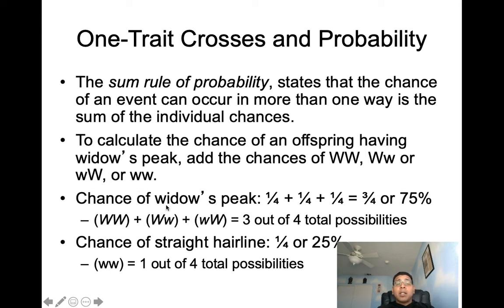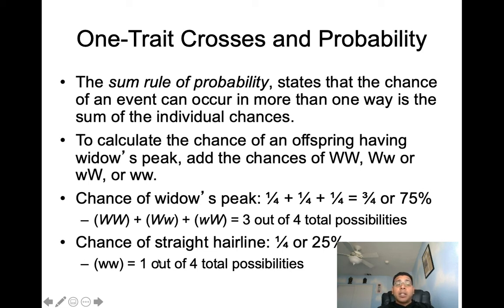So the chance of a widow's peak is going to be a quarter plus a quarter plus a quarter, which is equal to 3/4 or 75% chance that the offspring will have a widow's peak. So here with this genotype, add it to this genotype, and this genotype, which all represent widow's peak, we can see 3 out of the 4 total possibilities will have widow's peaks.